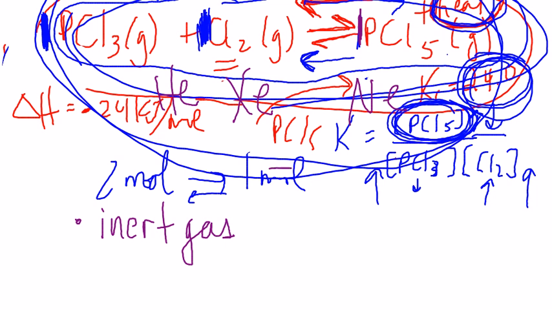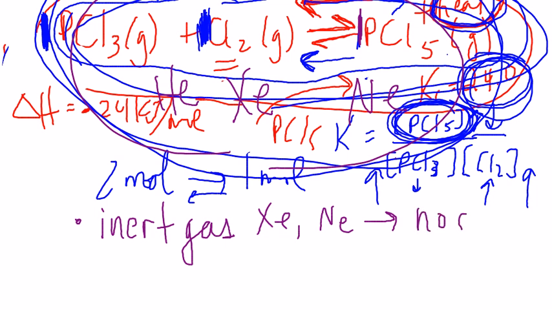The volume of the chamber is not changing. So if we add an inert gas, such as xenon or neon, to this system, there is no shift in the equilibrium, because we're really not changing the concentrations. There is no change to the concentrations.